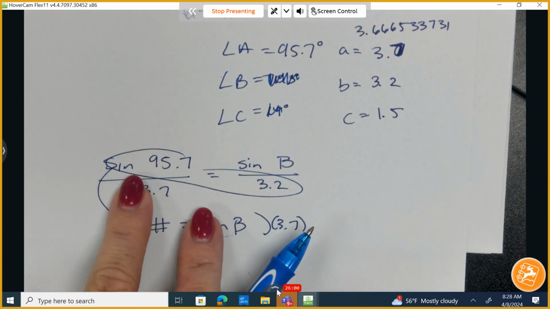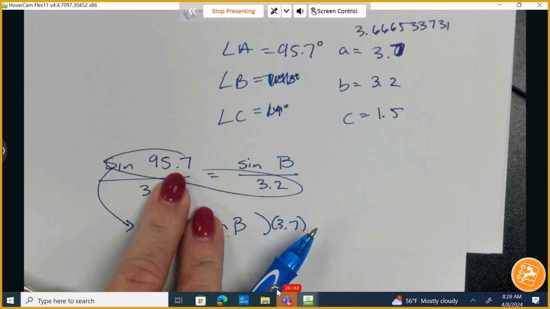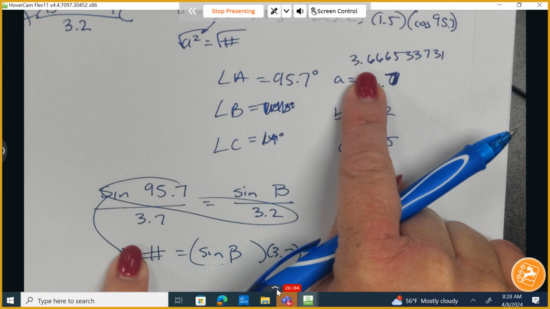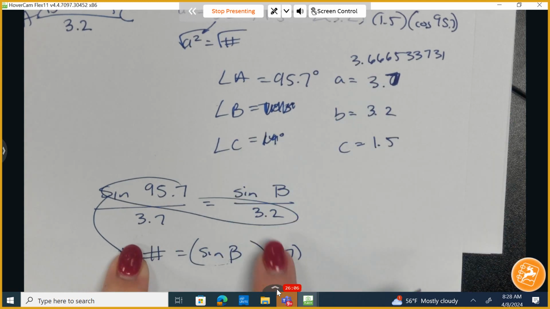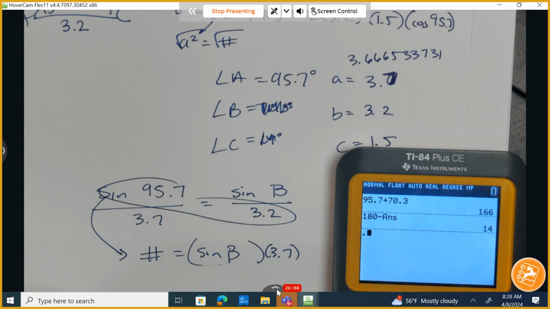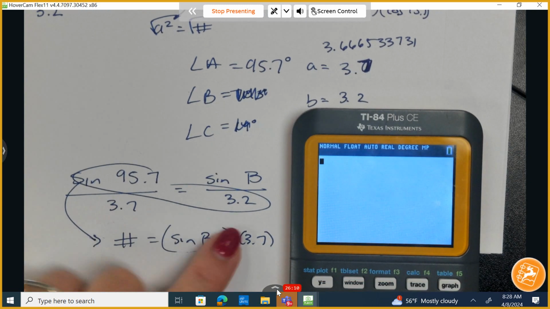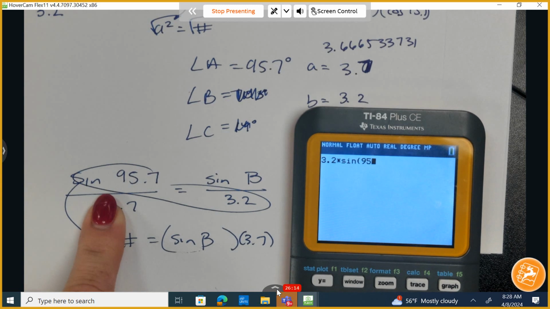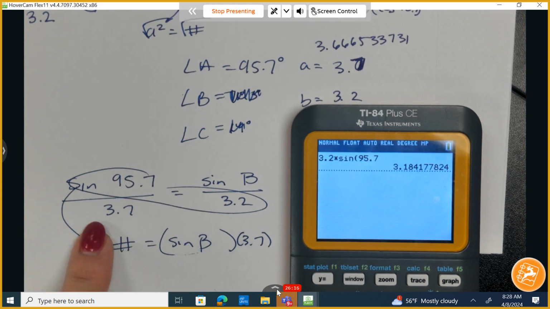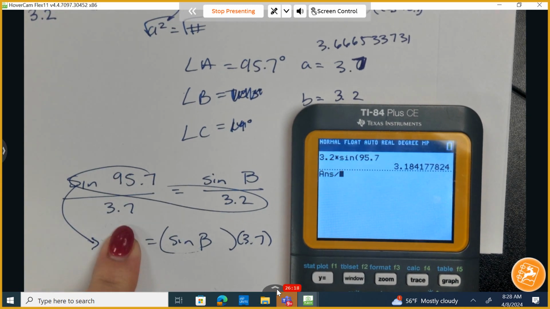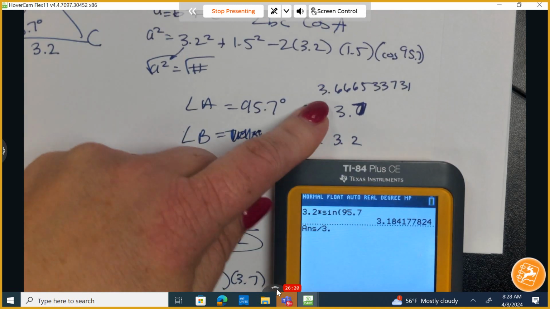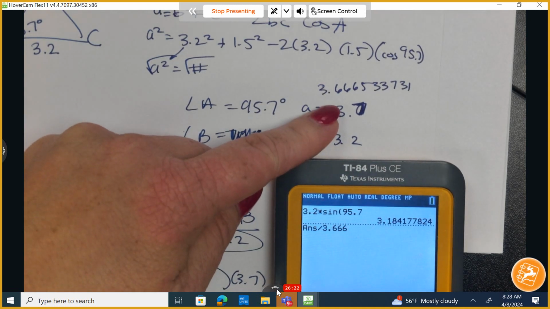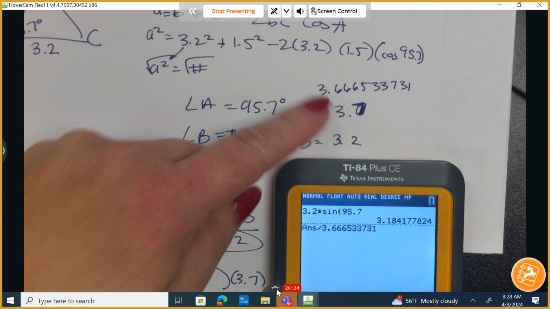Okay, so I have the sine of 95.7 over the length, and I have sine B over 3.2. So let me come back here. Maybe I plugged something in wrong. 3.2 times the sine of 95.7, and then I'm going to divide it by 3.7, or if I wanted to be really accurate, I could do 3.666533731. Got it?